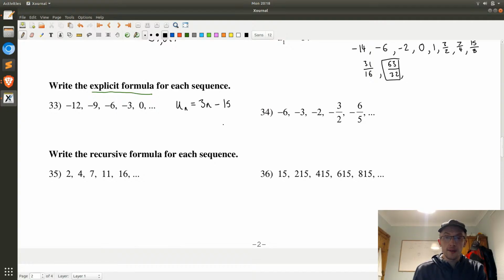Next, we have 6, negative 3, negative 2, negative 3 over 2, negative 6 over 5. What's going on? Add 3, add 1, add a half.